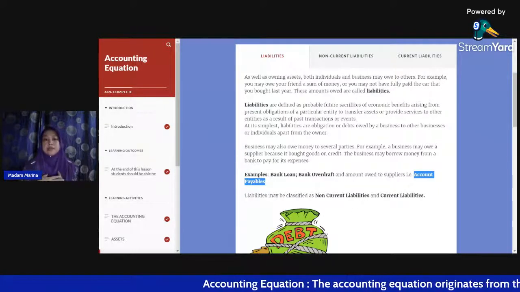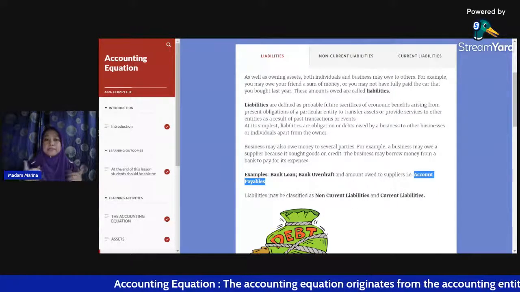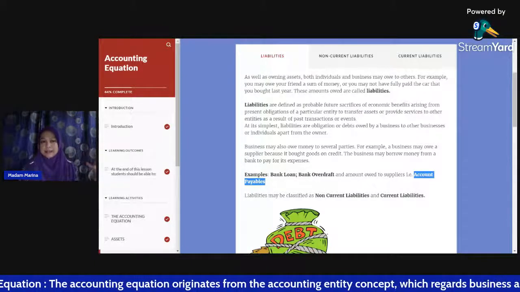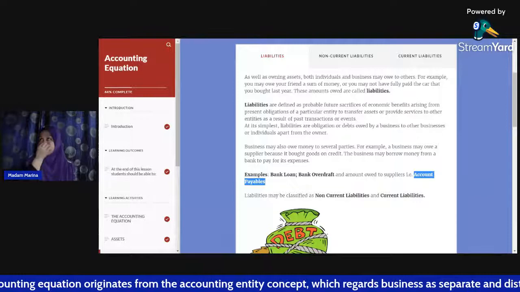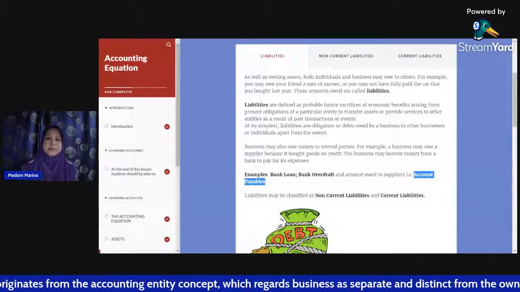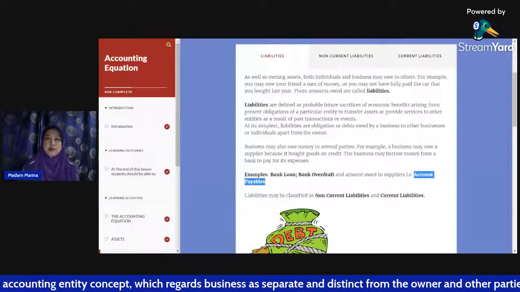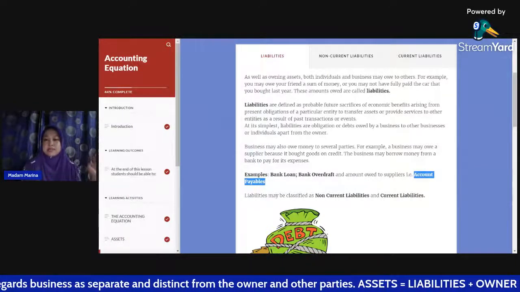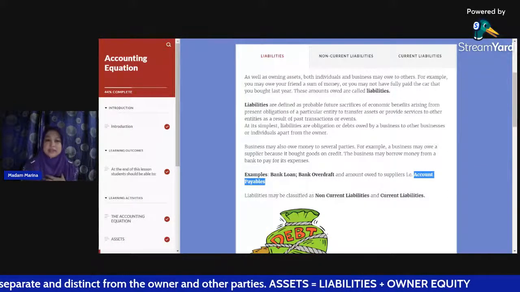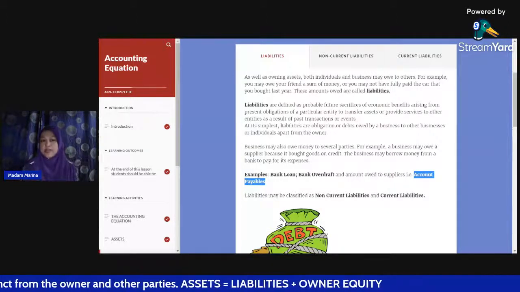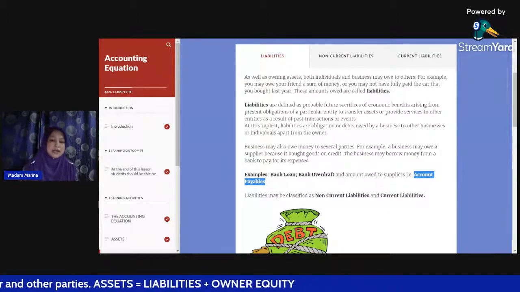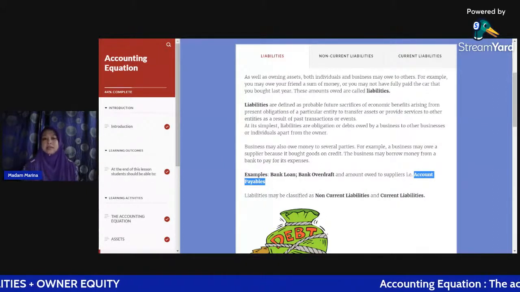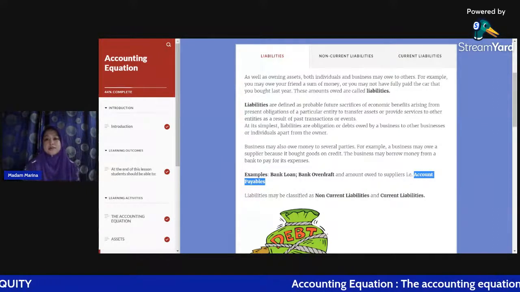Saya beli secara hutang daripada supplier. So my supplier, for example, Oppo Sdn Bhd. Since my supplier is giving me a credit term, Oppo Enterprise is my accounts payable.